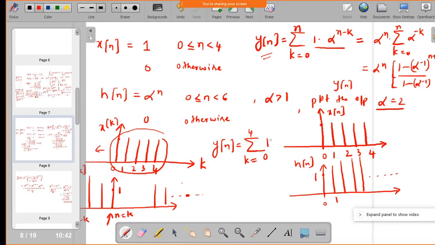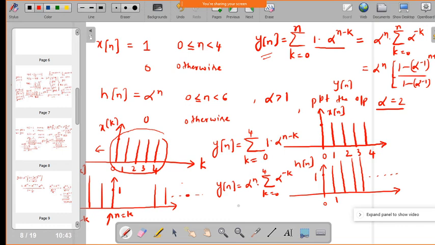So x of k will be 1 and h of n minus k will be alpha power n minus k. Now you can evaluate this, so y of n is equal to alpha power n into summation k equal to 0 to 4 of alpha power minus k.